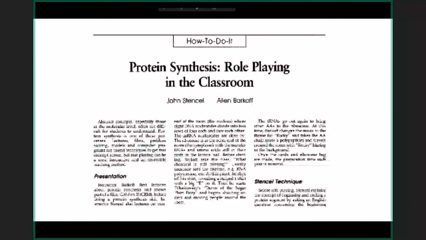There was a really important protein synthesis model that I saw about role-playing in the classroom. There were actually two. This is an older paper, the oldest I think I found, from 1993 or so.